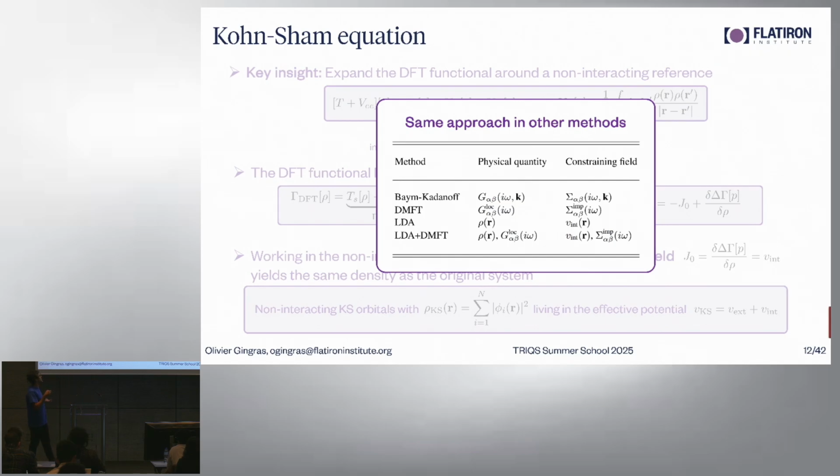Or in the DMFT approximation, where now the physical observable is the local Green's function, the constraining field is the impurity self-energy, and in a similar fashion, in the LDA, it's the density and this interaction potential. All right?